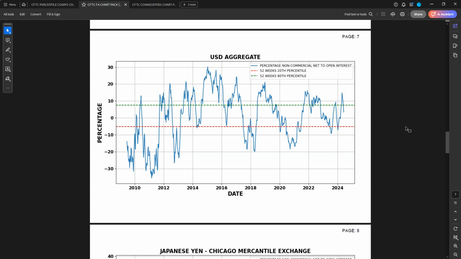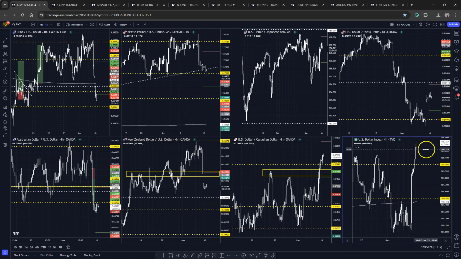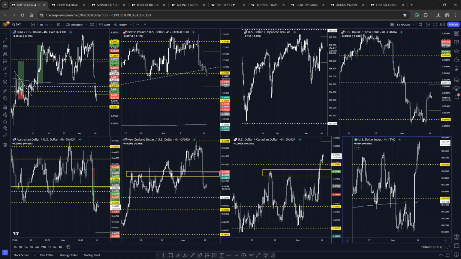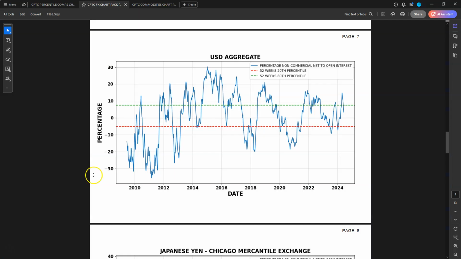But the bottom line is positioning isn't as stretched as it was anymore. Now, yes, keep in mind this chart will not reflect the move we had to the upside on Friday, but I would be very, very surprised if the dollar positioning suddenly went back into massive stretched long territory. We might be seeing a move back to the upside a little bit, but I doubt it's going to be a massive move to put it into stretched territory again.